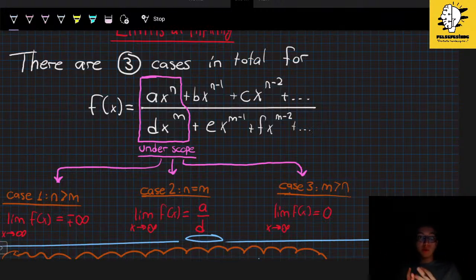This is just like the case of 1 over infinity. We are dividing a smaller number by a much greater number, therefore we are approaching 0. Limit will be 0.